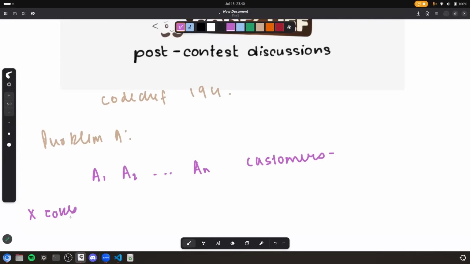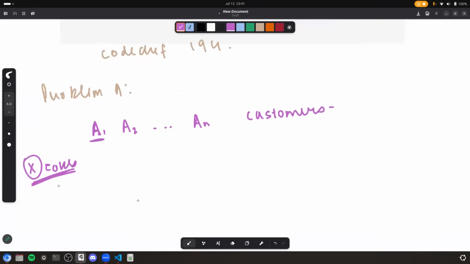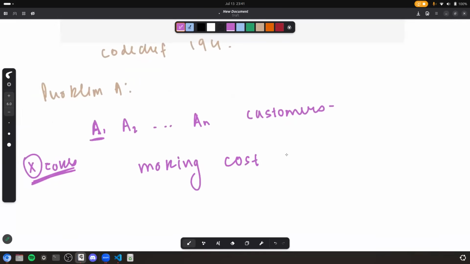For each day we have X cakes. And each customer will buy a maximum of 1 cake. So basically, if X is less than A1, then the first X customers will buy a cake and the rest of the customers will not get a cake since we only had X cakes. And the making cost of the cake is 30 and selling price is 50.